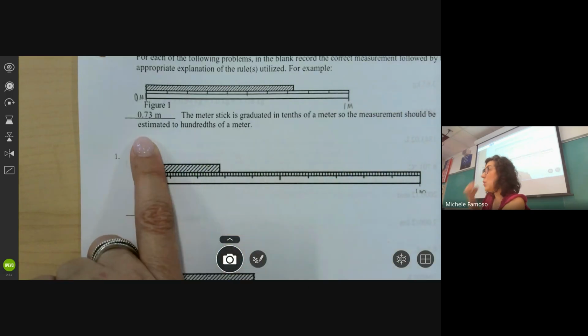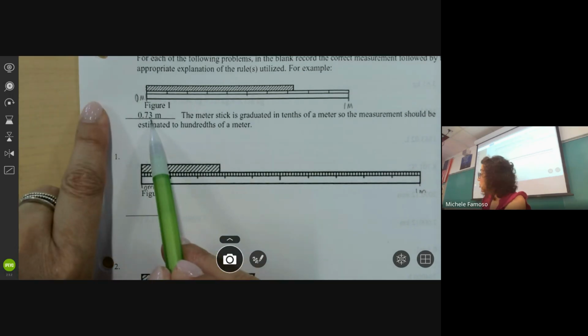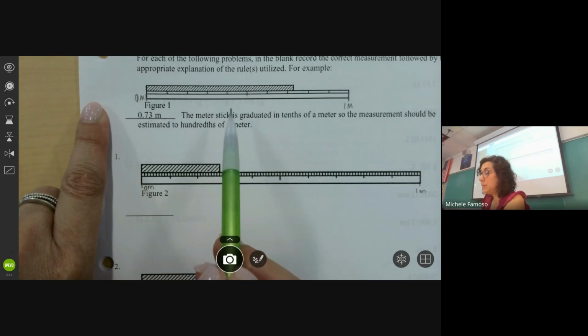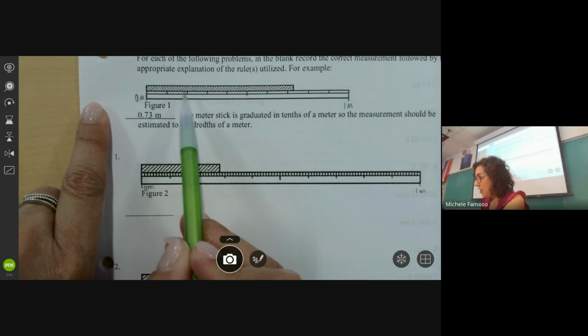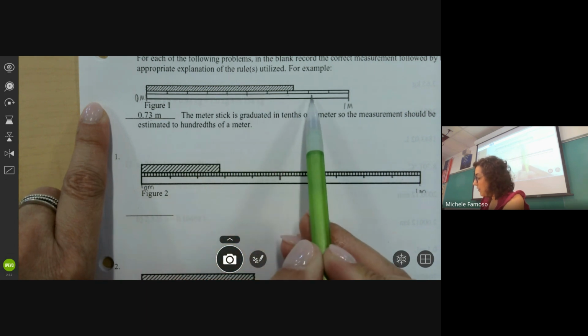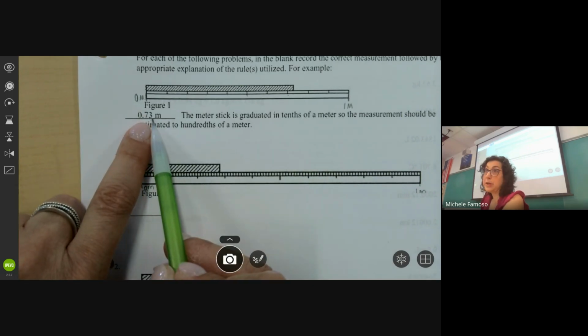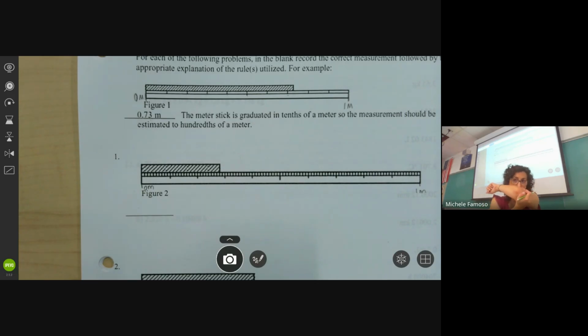Then we have to guess one more digit like we were doing on that example. So we're going to measure to the 100th place with this meter stick. We then count 1, 2, 3, 4, 5, 6, 7. I'm between 0.7 and 0.8. So this student guessed 0.73 meters. Okay? You follow what you have to do?